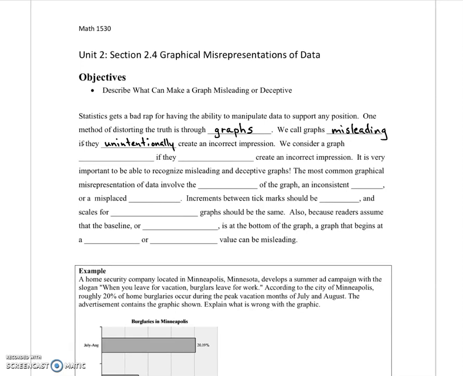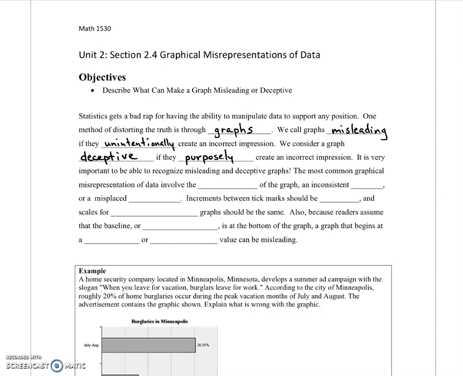If, however, the graph purposefully creates an incorrect impression, we call that kind of graph deceptive. So the difference between misleading and deceptive is intent. If it was accidental that they created an incorrect impression, then it's misleading. If it's deliberate, then it's deceptive.